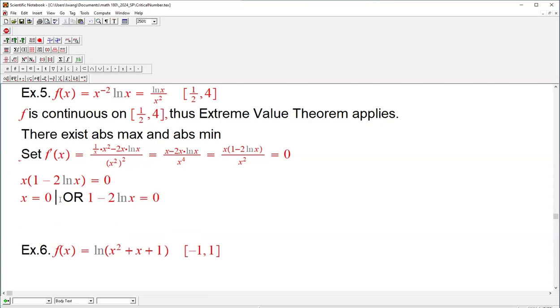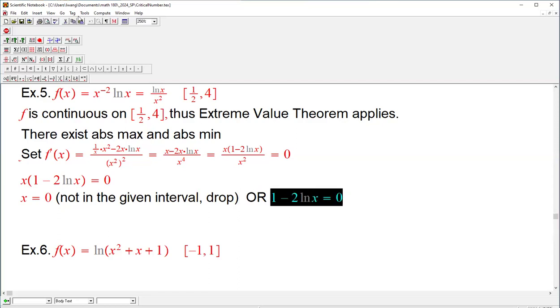So this is not in the given interval, so we're going to drop it. All right, so we just have to solve this piece. Do we know how to solve this piece? All right, so we're going to solve for x. So what do we get?